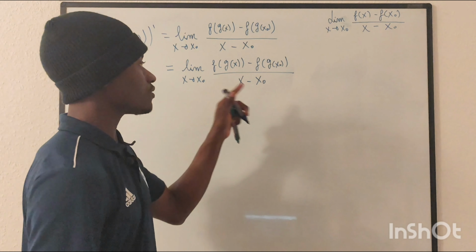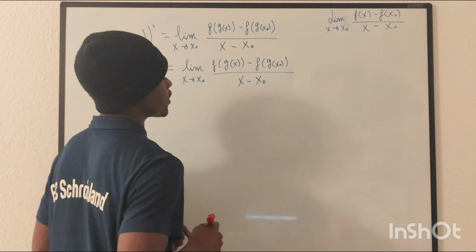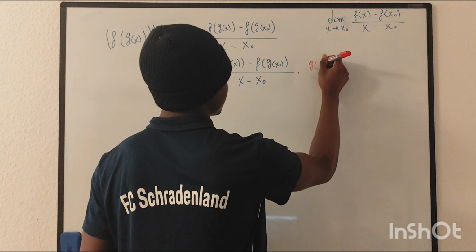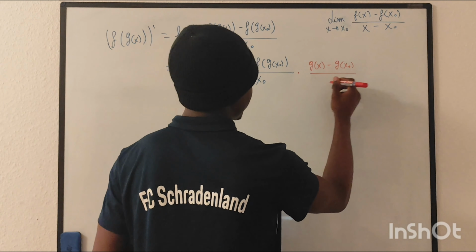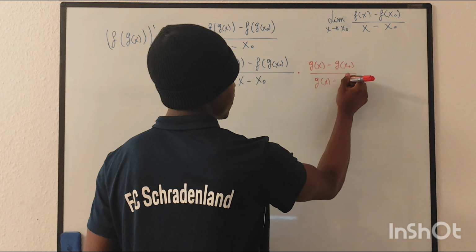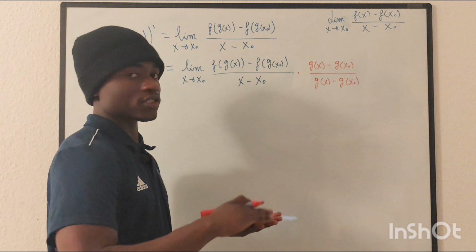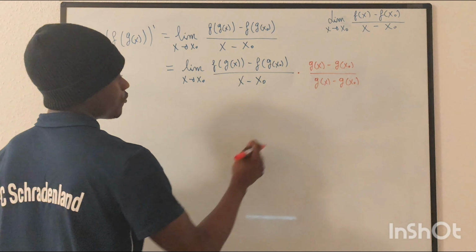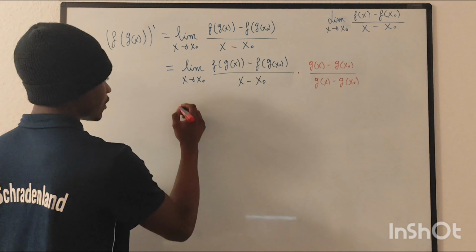Let us try to multiply this function by 1, but let us do it wisely. We will choose to multiply the function by g(x) minus g(x0) divided by g(x) minus g(x0). That's exactly the same thing, and the quotient is 1. That means we've changed nothing. We can then bring this here as the denominator of this, and this here as the denominator of that other form.